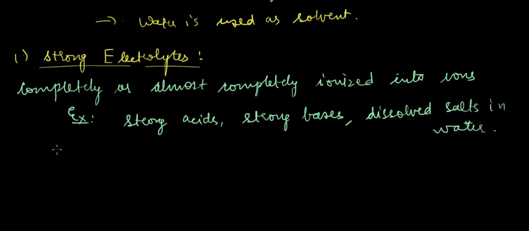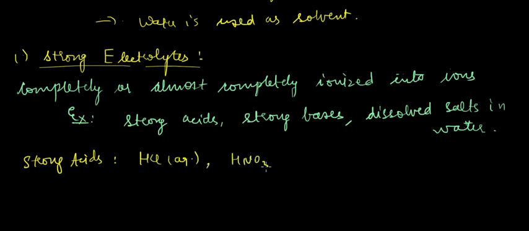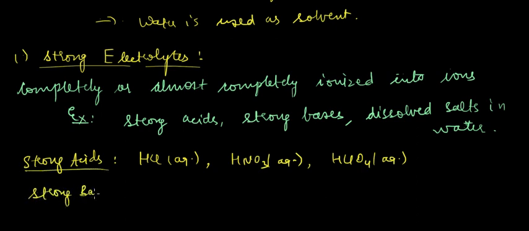Examples of strong acids can be HCl, HNO3, HClO4. Examples of strong bases can be NaOH, then KOH.